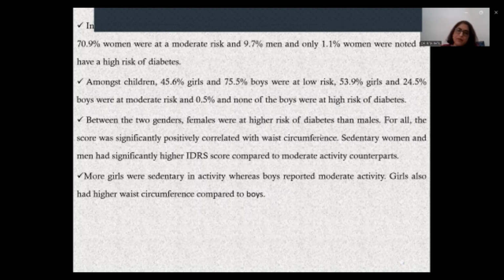Between the two genders, females, whether girls or women, were at a higher risk of diabetes than men. For all, the score was significantly positively correlated with waist circumference. Sedentary women and men had higher IDRS score compared to their moderately active counterparts, and more girls were sedentary, whereas boys were more moderate.